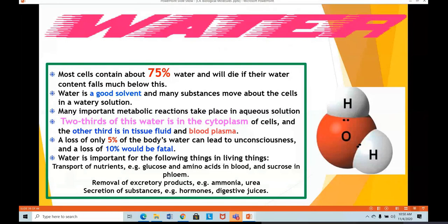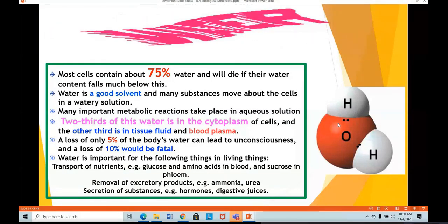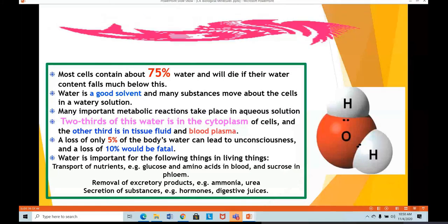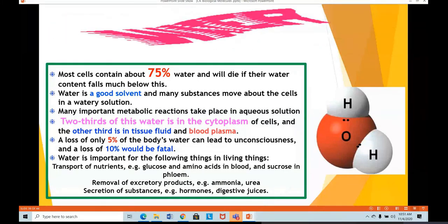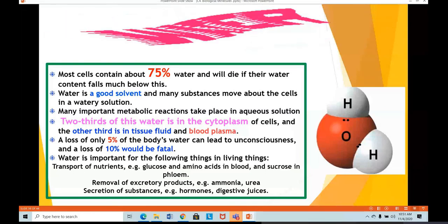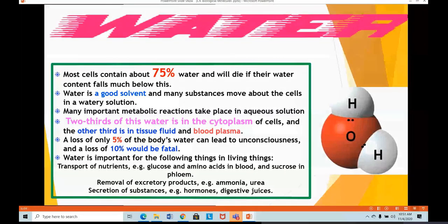So water is very, very important. Also for the transport of nutrients, for example glucose and amino acids in blood, and sucrose in the phloem. So removal of excretory products like ammonia, urea, secretion of substances like hormones and digestive juices, all this happens because of the water. So water plays a major role in various metabolic reactions which take place in the body.